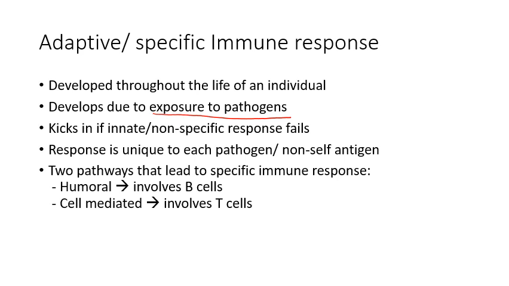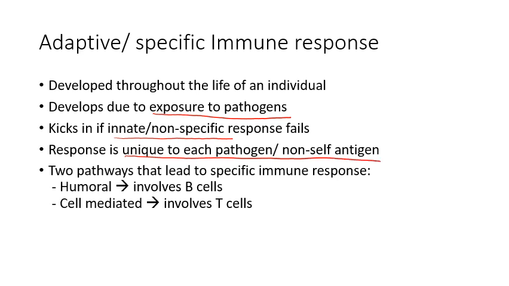As I was saying previously, your innate or non-specific immune response, so your first and second lines of defense, needs to have dealt with this pathogen before your adaptive immune response, or your third line of defense, is activated. It's unique to each pathogen or non-self antigen.